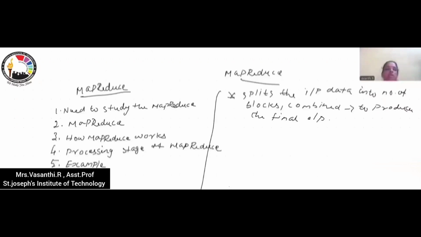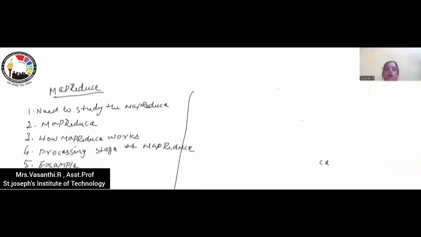So the third thing is how MapReduce works. The MapReduce algorithm contains two important tasks.